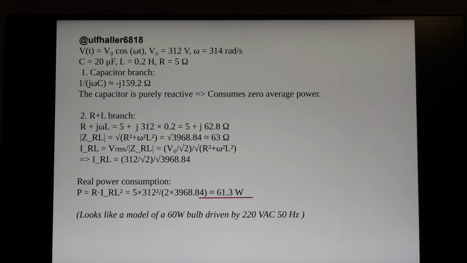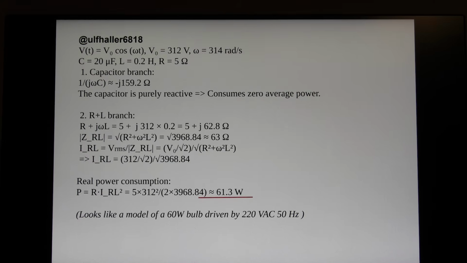Ulf works out the magnitude of that, which is modulus of ZRL, which turns out to be 63 ohms. He can then work out the RMS value of the current, IRL, which is the square root of 3968.84. And so we can work out the real power consumption.